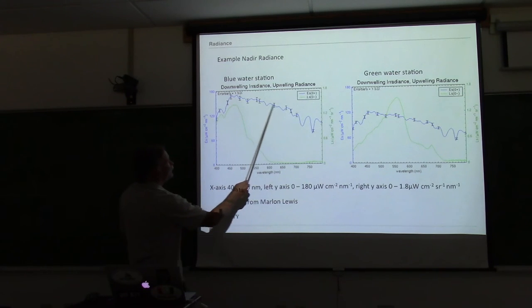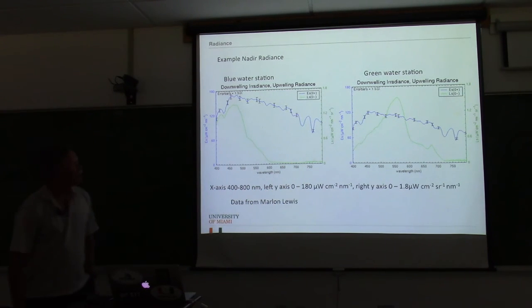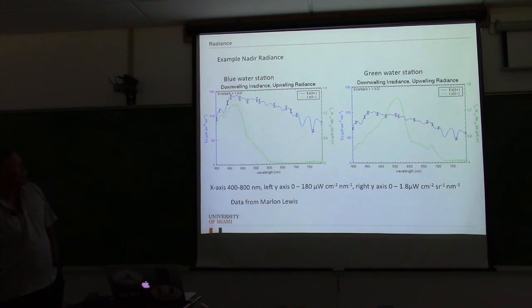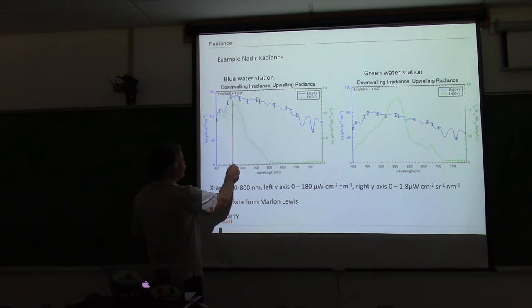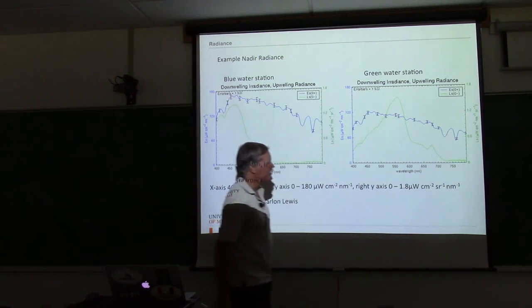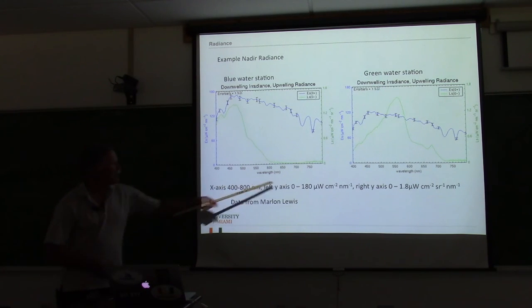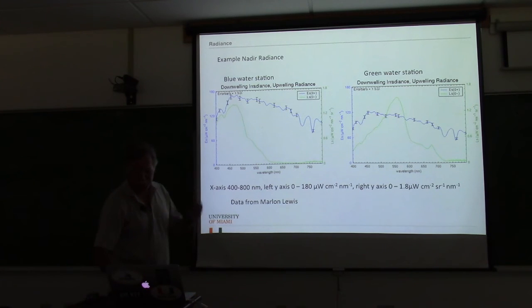And the upwelling light is on the order of 1.4, 1.5 microwatts per centimeter squared per nanometer per steradian. You see the blue water, the light's blue. The green water station, the upwelling light's centered here at 550, so it's green. And since you can't read the axis, I tried to write it all down at the bottom.